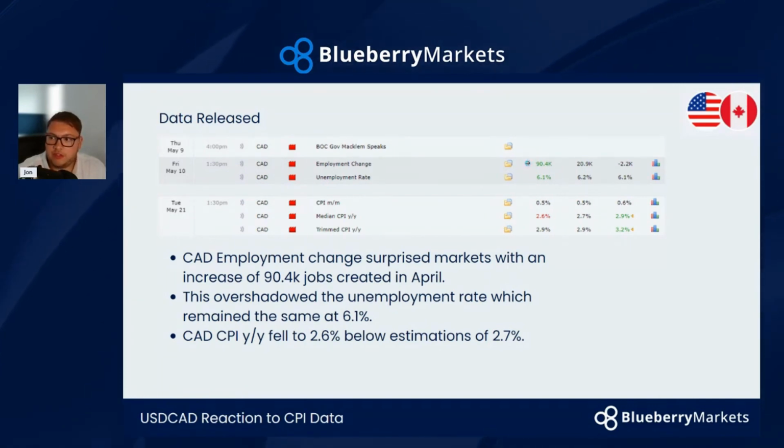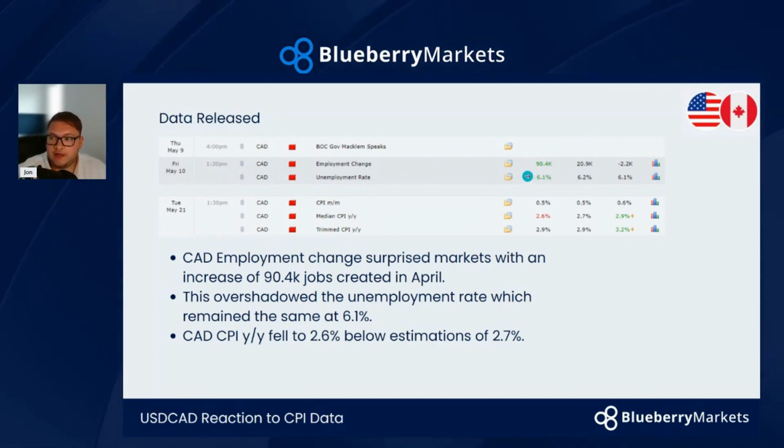We actually saw jobs come in at 90.4K for the month of April, which was a sharp increase from minus 2.2K the month prior. Estimates were around 20.9K, but that wasn't to be the case. We actually surprised with an upside miss there.